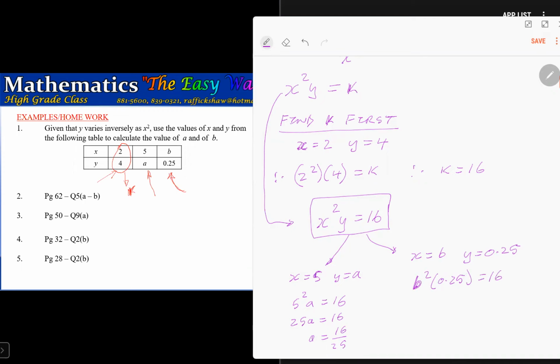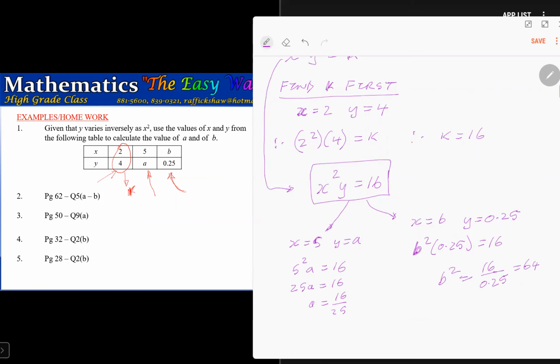B squared, which is the x squared, times the y, which is 0.25, equals 16. So you divide by 0.25, and you get b squared equals 16 over 0.25, which works out to be 64.